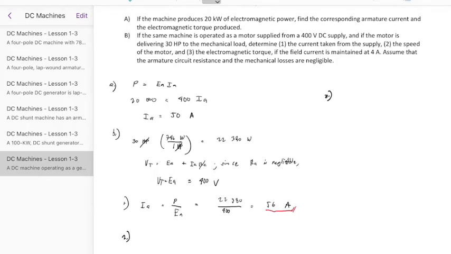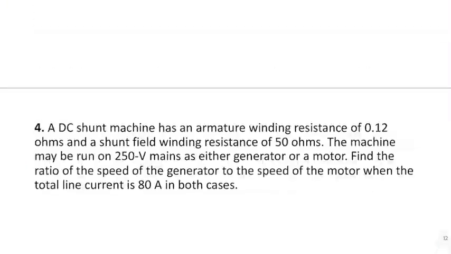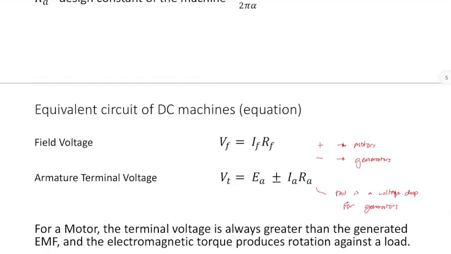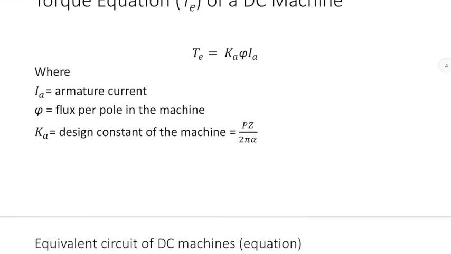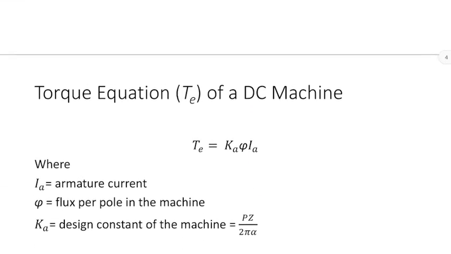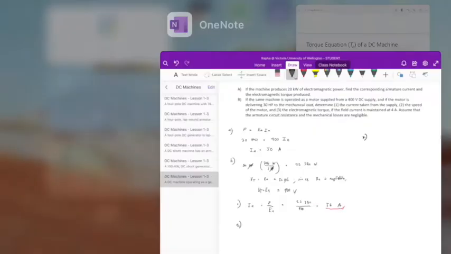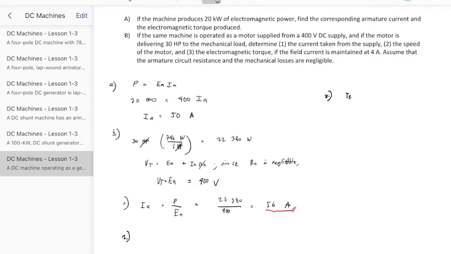So ang atong torque gamit ta ani nga formula. TE is equal to KA theta IA.